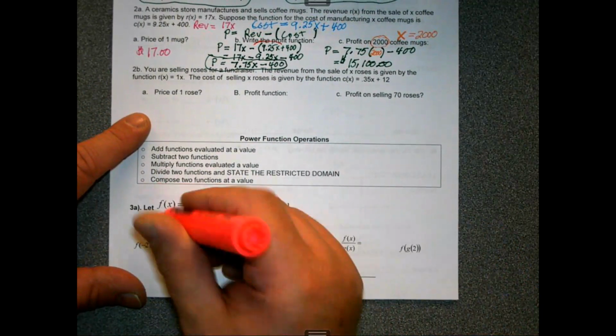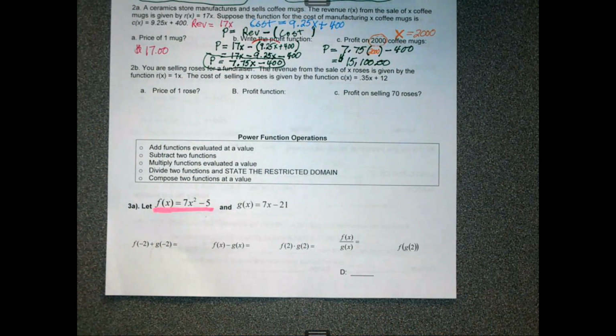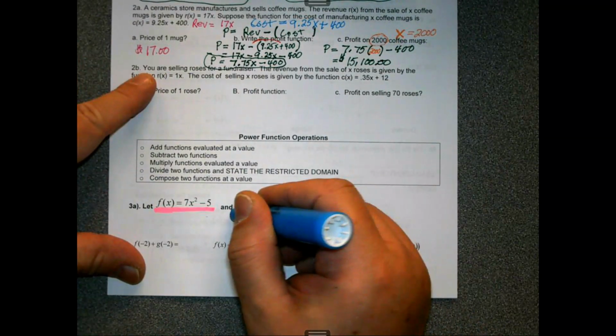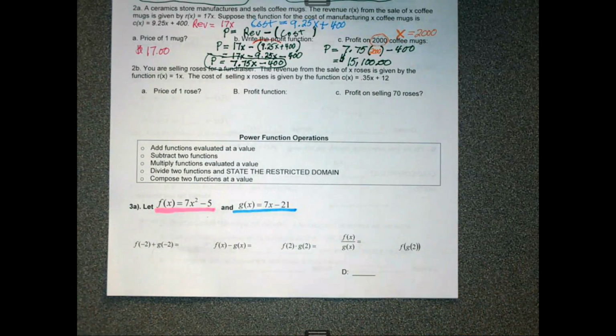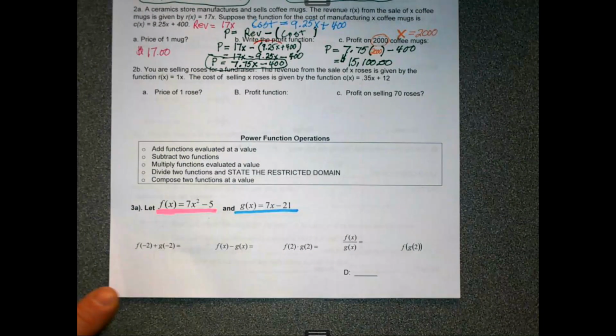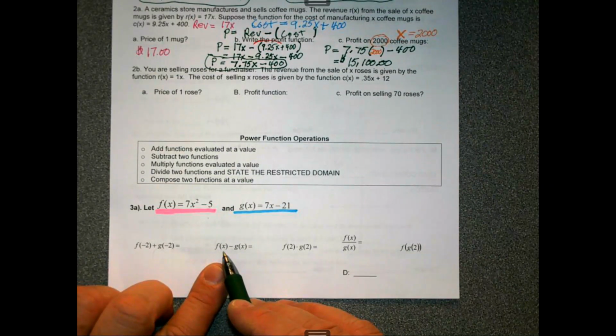Here's my f of x: 7x squared minus 5. Here's my g of x function: 7x minus 21. Now, there's two different ways to do this, and it depends on if they give you a value for your x or if they just leave the x there.